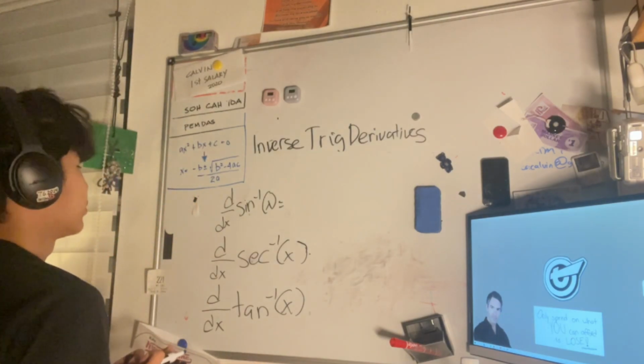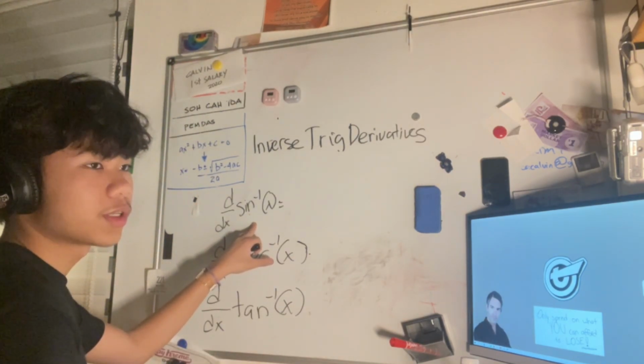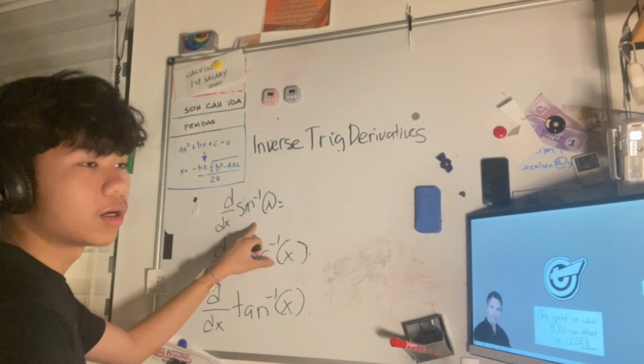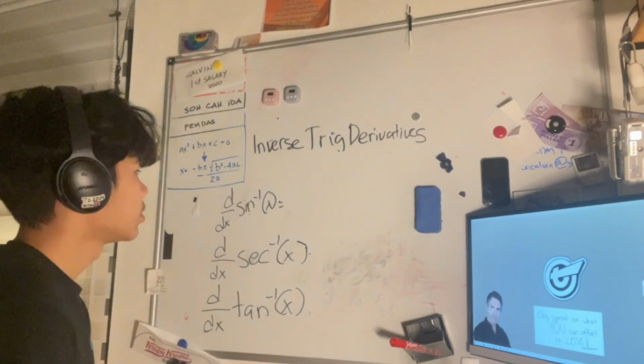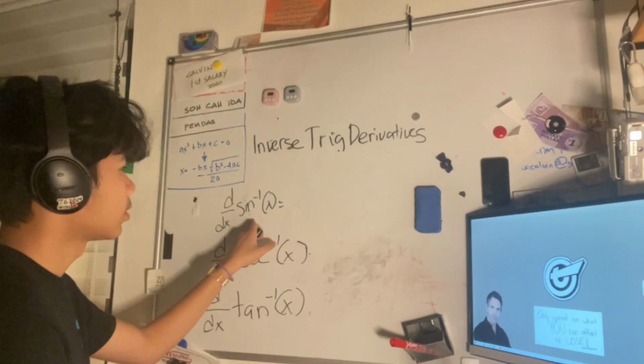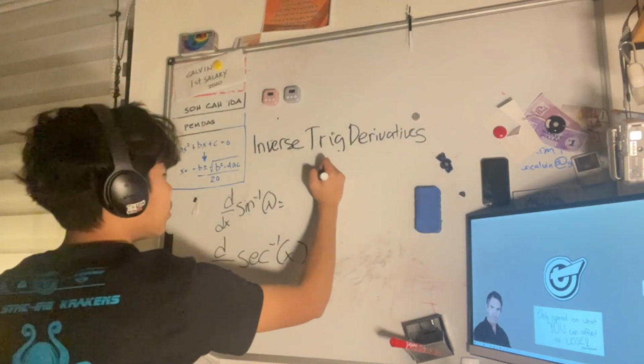That's the easy part. There are 6 equations that you have to remember. All you need to know is 3, and then you'll already know the rest. I'll write them down and show you what they mean.